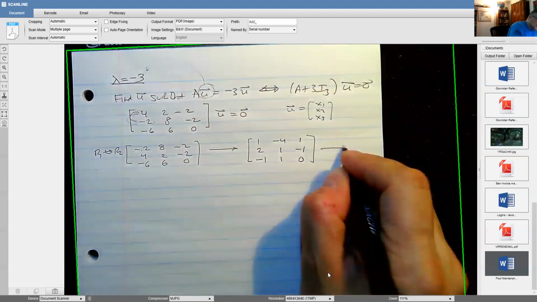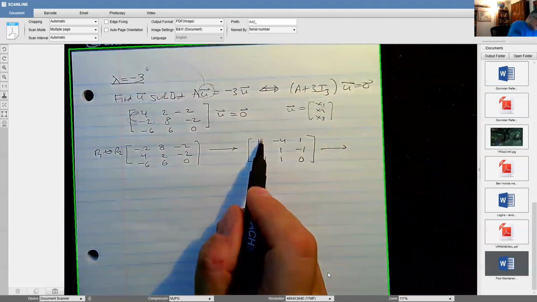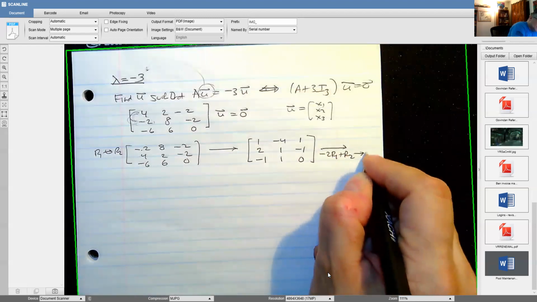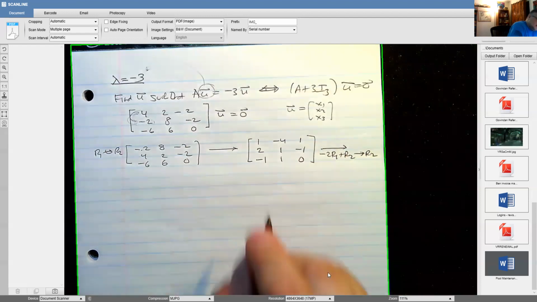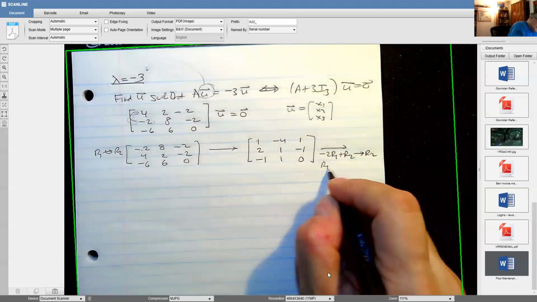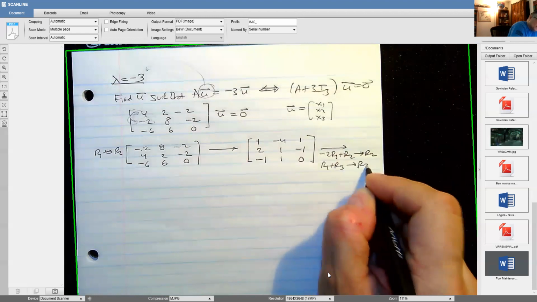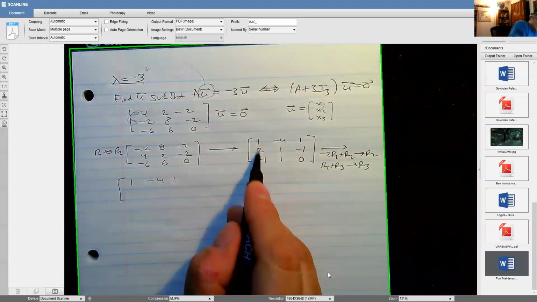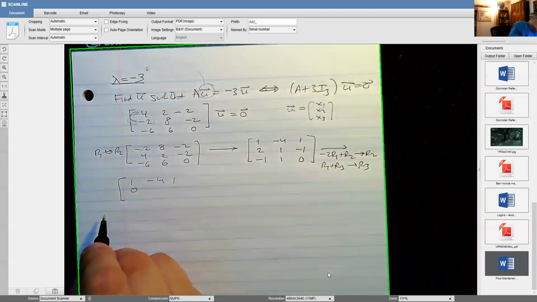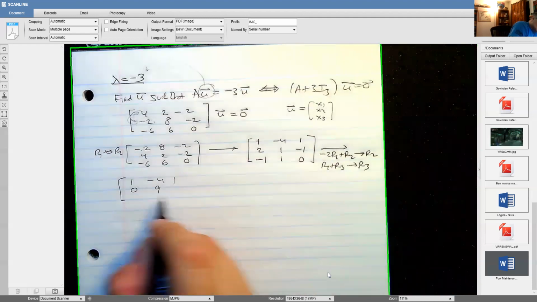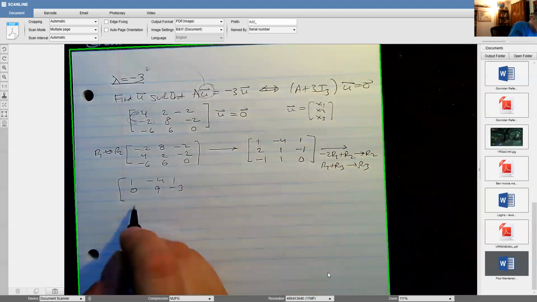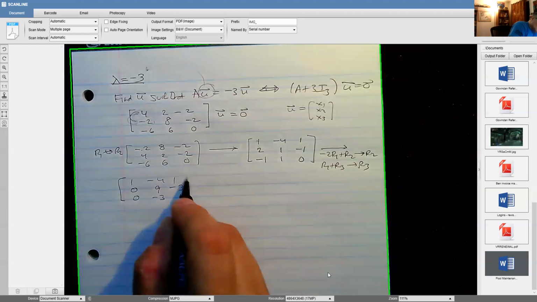Okay, so now to put it into echelon form, I'm going to multiply row 1 by -2, add it to row 2, put that into row 2, and I'm going to add row 1 and row 3 and put that into row 3. So multiplying row 1 by -2 and adding it to row 2, I get 0, 9 and -3. And then if I just add rows 1 and 3, I get 0, -3, 1.